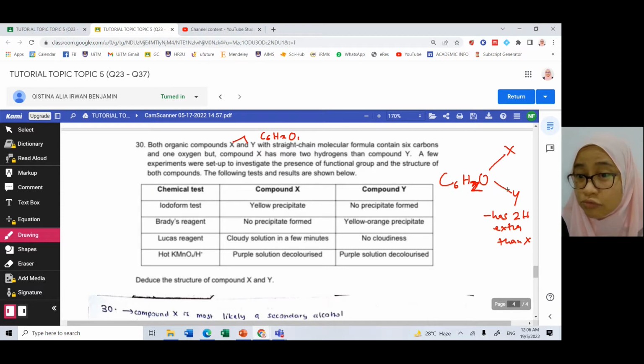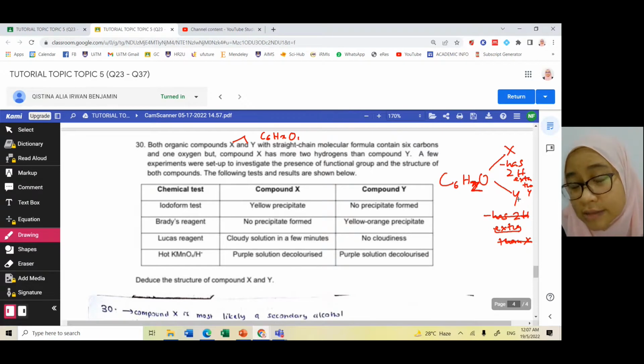But these two are not having the same chemical formula because their hydrogen is different. So we can already predict here. Wait, it is reversed: compound X has 2 more hydrogen than compound Y. This one has 2 hydrogen extra than Y.